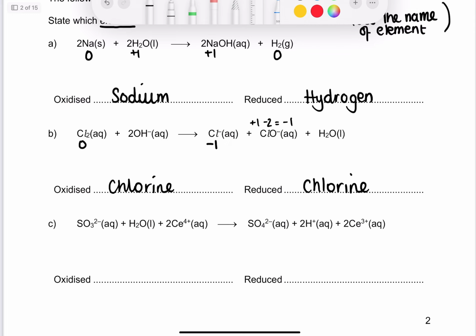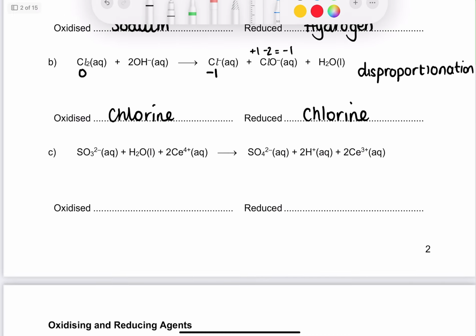If you remember from group 7, this is called disproportionation, where the same element is both oxidized and reduced. And then on our last one here, one of these is fairly easy to see. We've got a +4 to +3 on the cerium, and so that has been reduced, the number's gone down. So what's gone up?